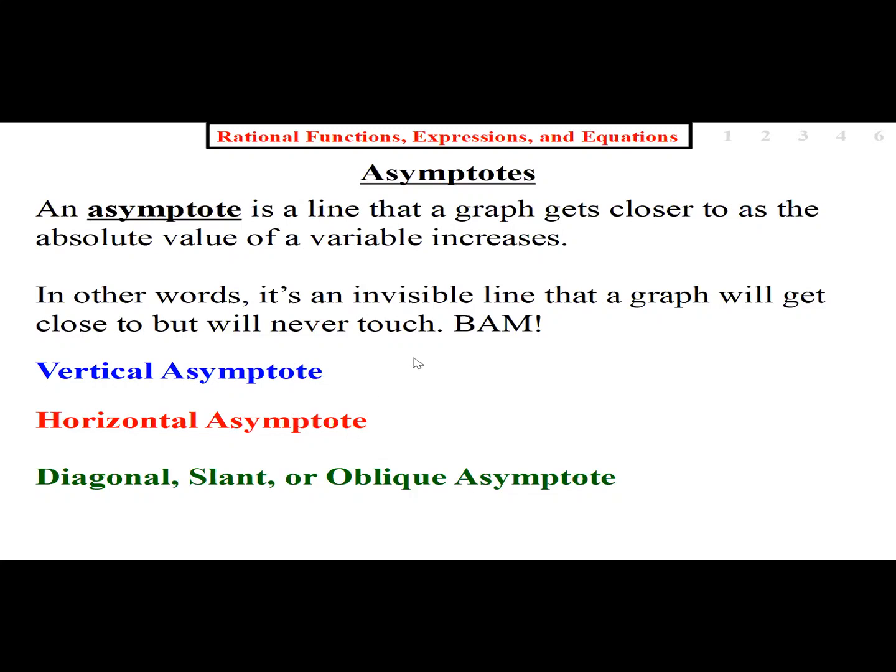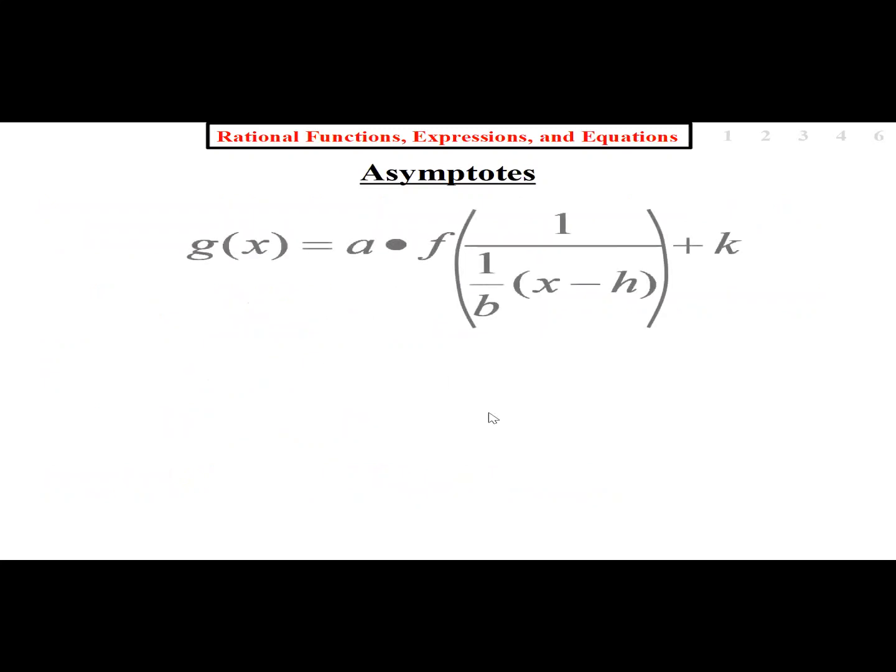So, with that said, let me go back to our general form. Ready? Here it goes. Here's our general form again. There it is. And I said today that H and K will be our asymptotes. Well, let's label H in blue.